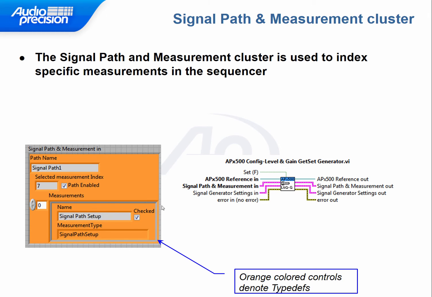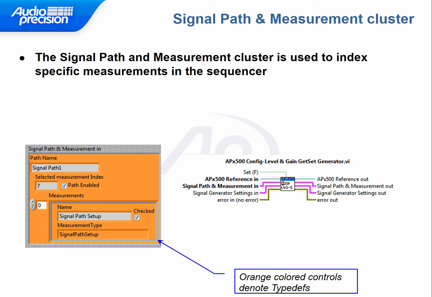Now you've probably noticed that these controls are quite a garish or ugly orange color, and that's been done in this case to denote that these are what are called type defs. A type def is a special type of control in LabVIEW that makes it very convenient to manage your code.